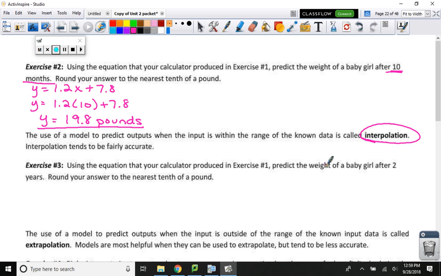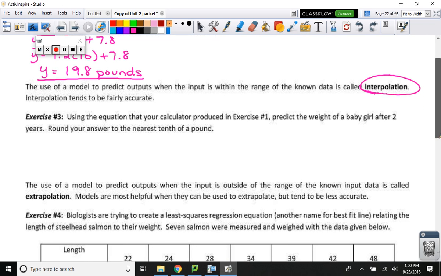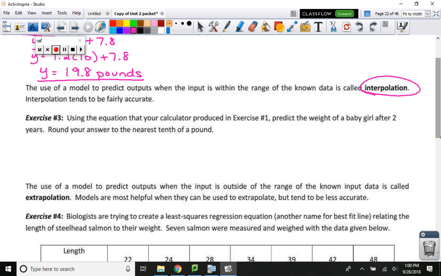If we are looking for something that's outside the realm of our data, then we may not be quite as accurate, because we don't know that it actually stays as linear as it did within the range. That is called extrapolation. But anyways, those are the two words.